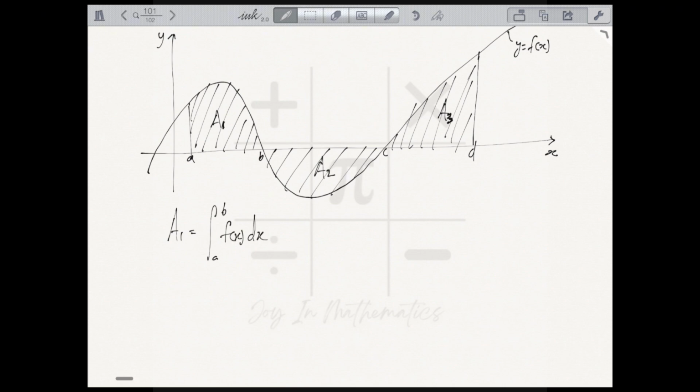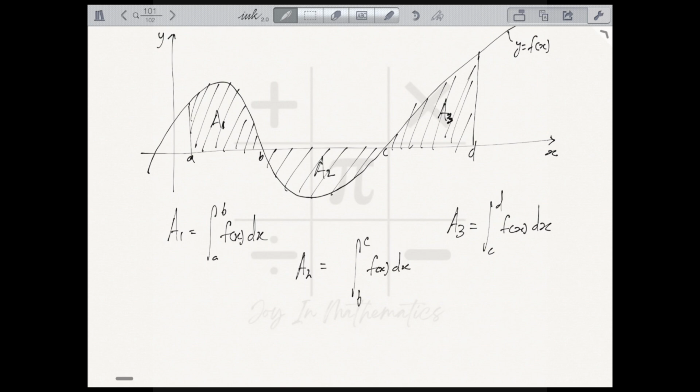Likewise, A3 is the integral, the lower limit of A3 is c to d of f of x dx, and A2 is the integral of b to c of f of x dx.